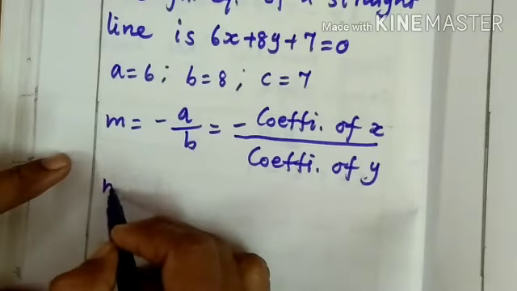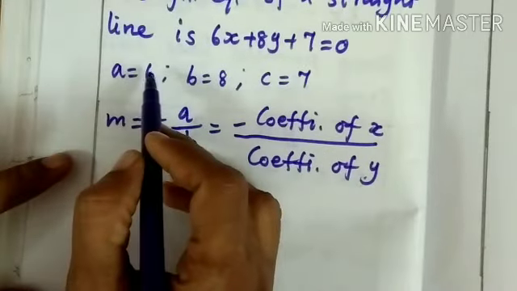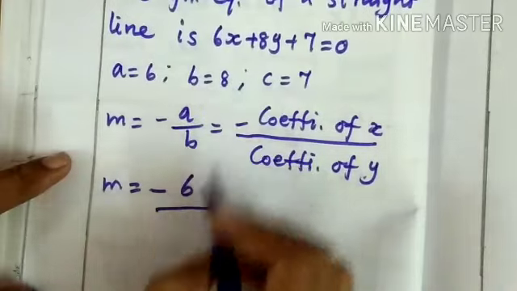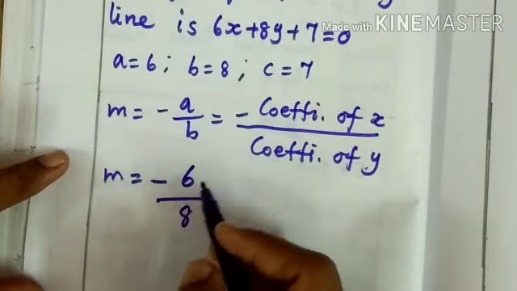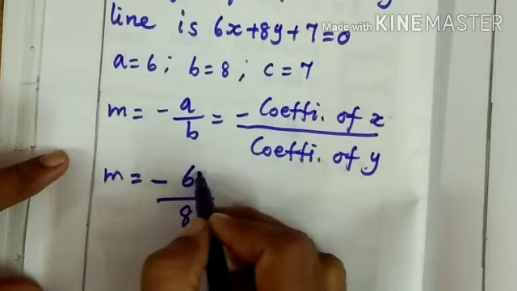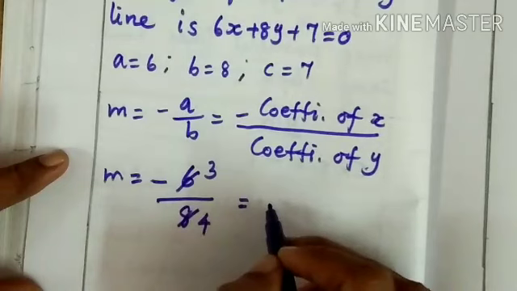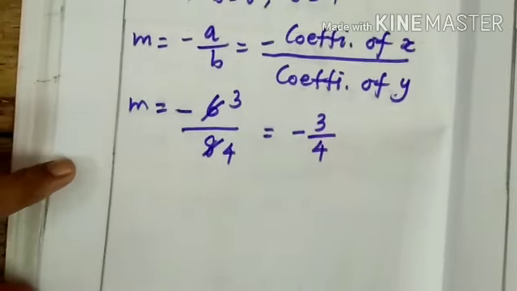Therefore, m is equal to minus coefficient of x term 6 by coefficient of y term 8. Now, cancelling by 2, we get 3, since 2 threes are 6 and 2 fours are 8. Therefore, the slope is minus 3 by 4.